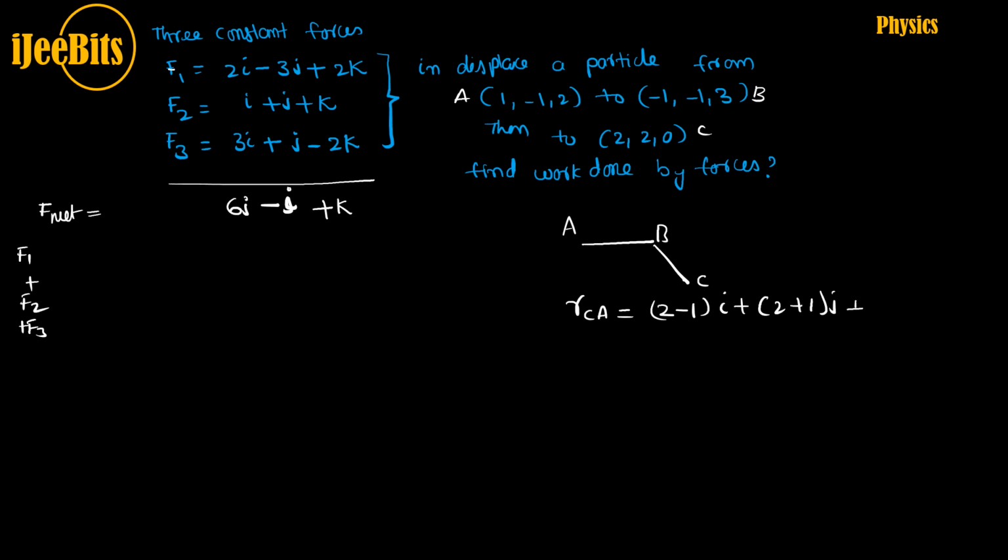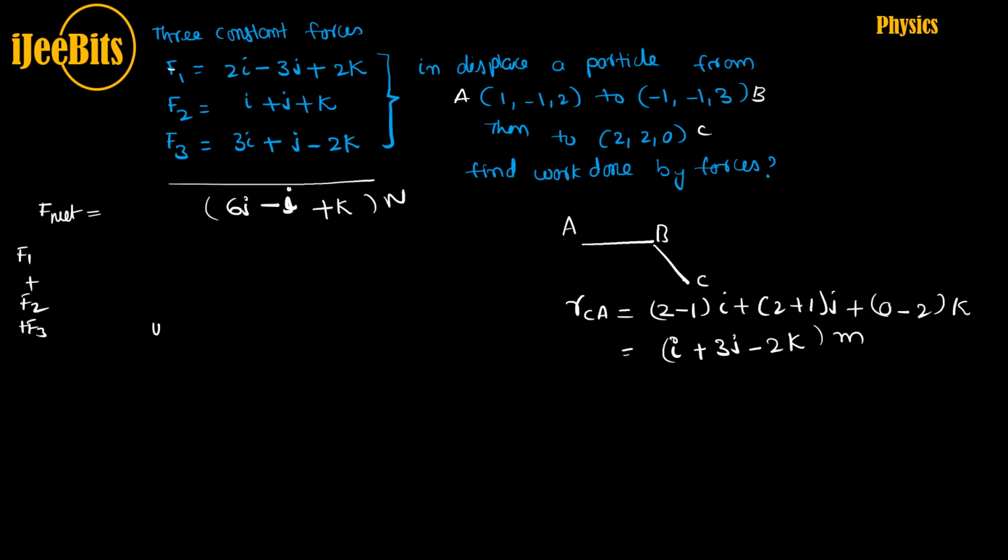For the k component, 0 minus 2. So 2 minus 1 is 1, so 1i and 3j and minus 2k meters. The force is in newtons, and the displacement is in meters.